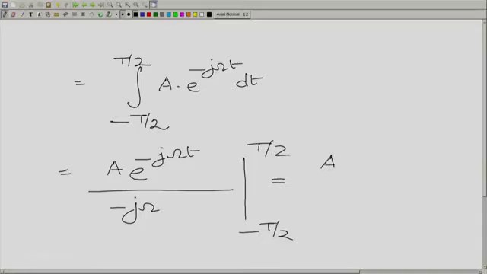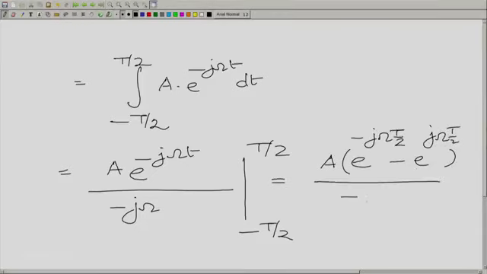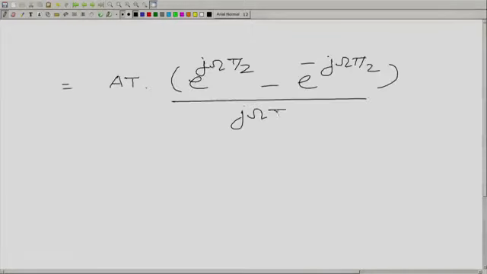So, you have a times e raised to the power minus j omega T by 2 minus e raised to the power j omega T by 2, divided by minus j omega, and we could multiply and divide by T by 2. Let us simplify this.